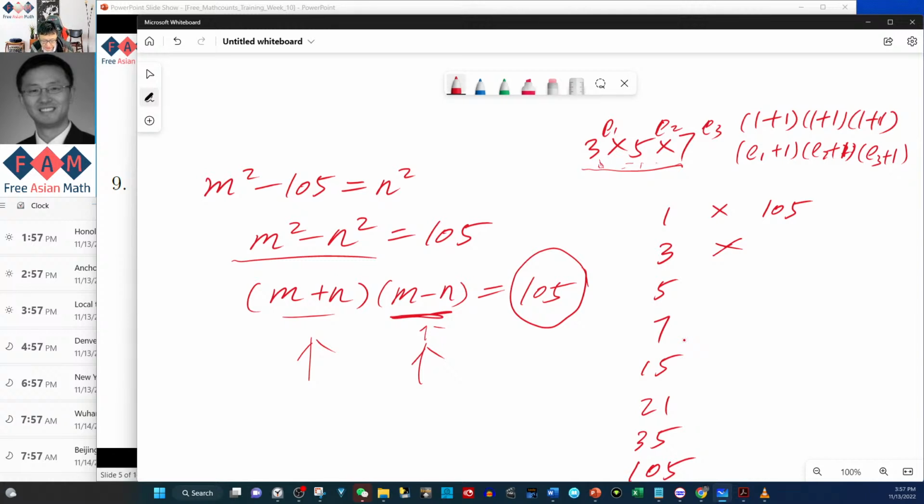And for each individual prime factor, we have exponent plus 1 ways of choosing how many copies of this prime factor will contribute to the factor. Because a 0 exponent is also a choice: 3 to the 0 power is just 1, meaning there's no contribution from 3 at all.